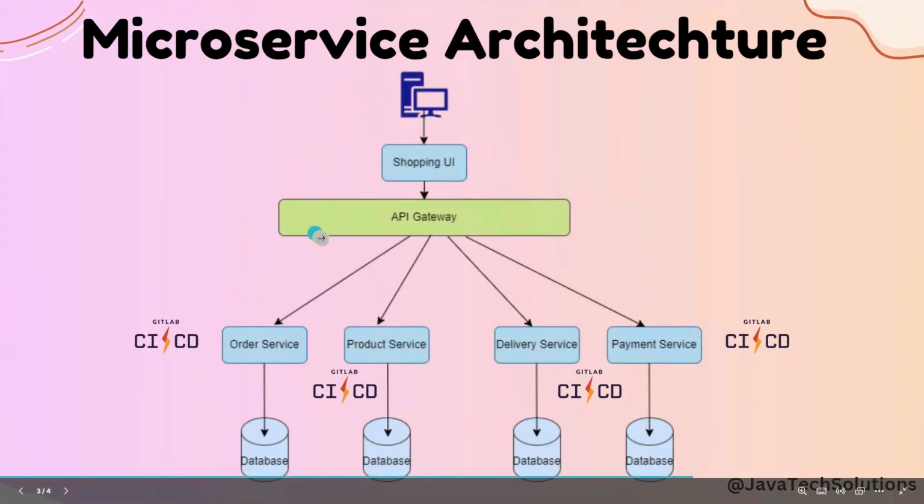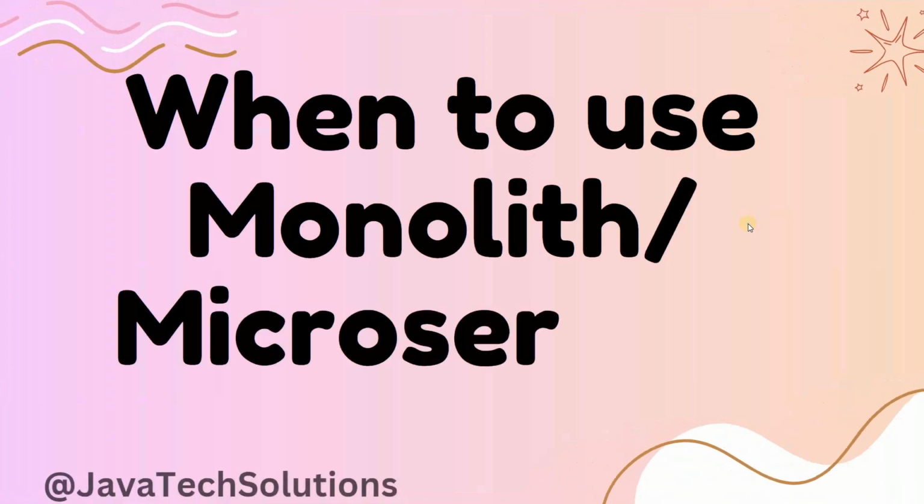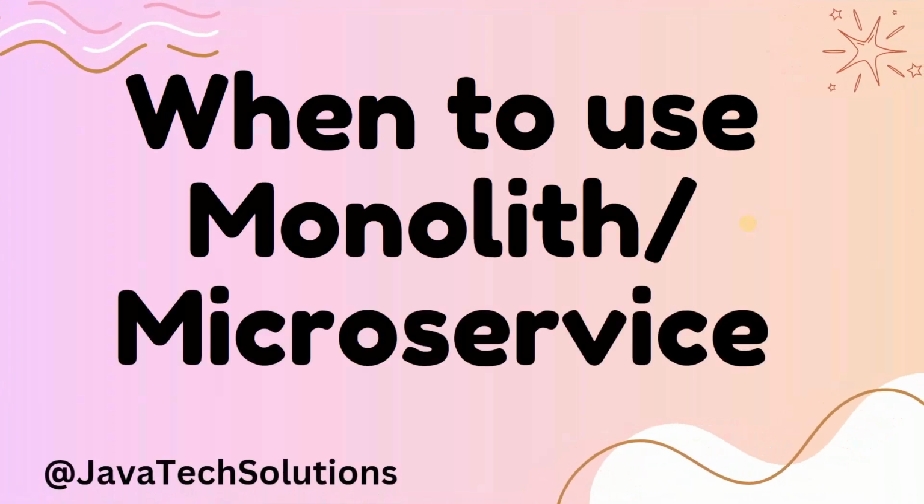For breaking the monolith into a microservice architecture, we can decide based on the functionalities. We can break those into microservices. It obviously varies from company to company, organization to organization, how we break the monolith into microservices. There are no certain rules. We can break based on the functionalities.